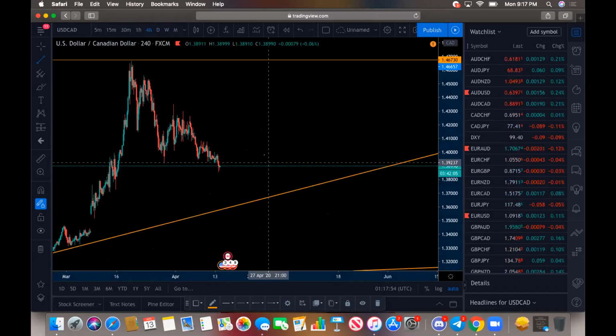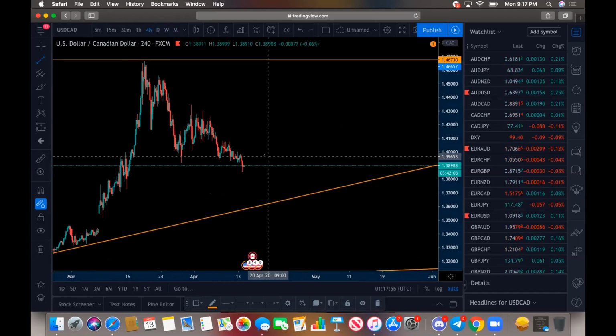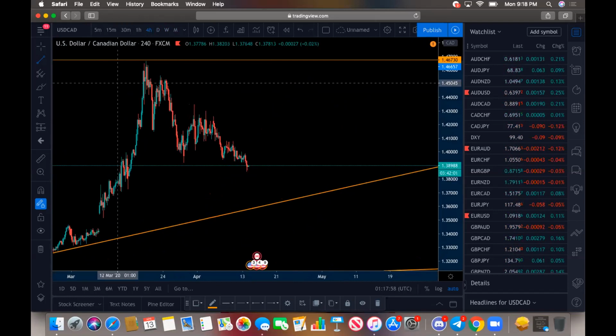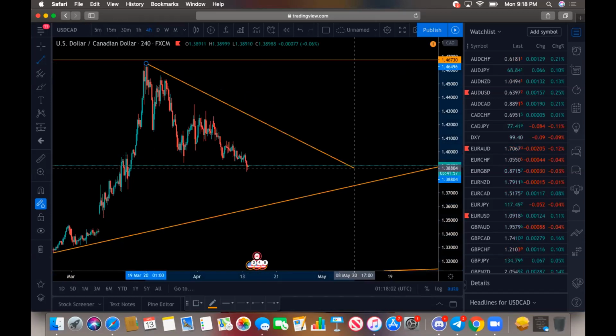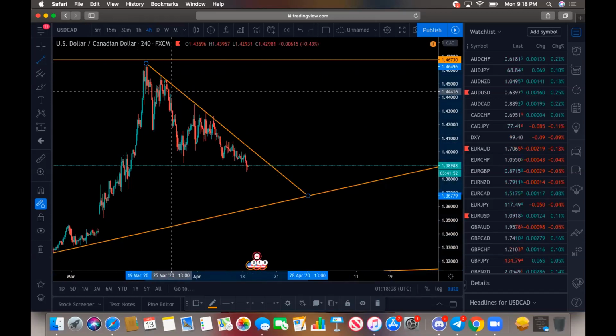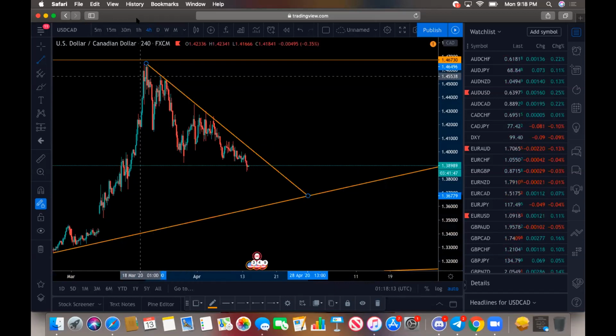4-hour. I'll go ahead and draw this down. Right here, this is a critical area for me. Every time price hit this trend line, it went straight down.